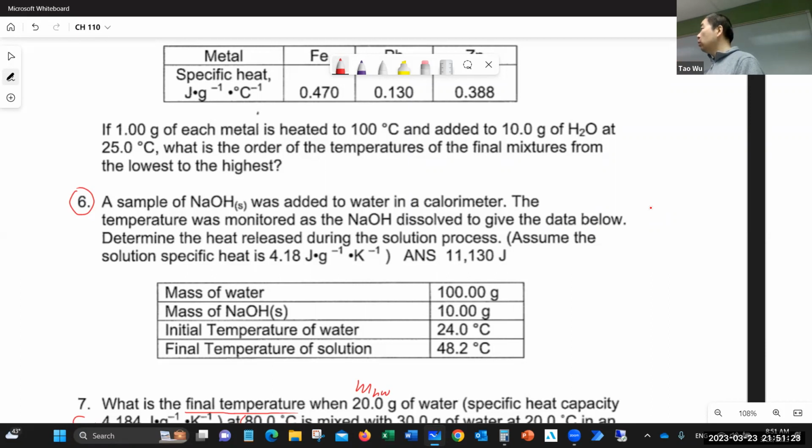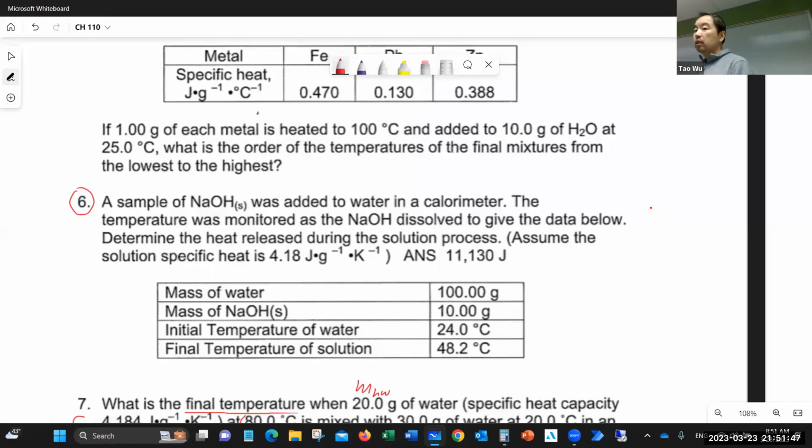I would like everyone to touch the bottom of the bottle to see whether there is any heat. When you dissolve sodium hydroxide, generally it's an exothermic process. It's going to produce heat, so you should feel warm on the bottom of the bottle.